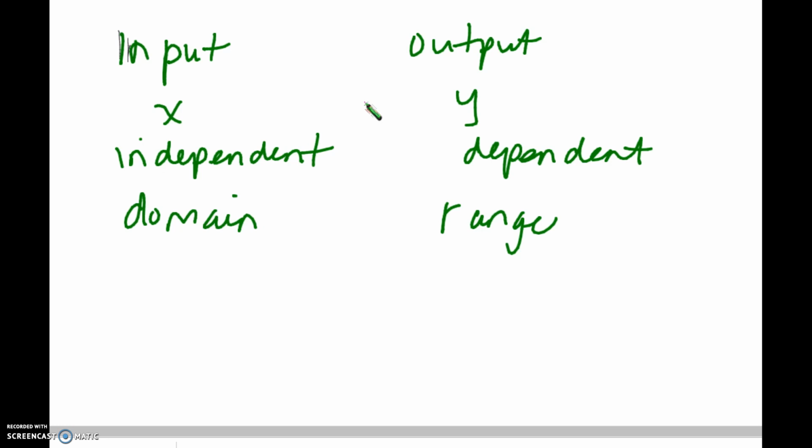All right, so let's look at another example. We'll call this part C and continue deciding whether or not the relationship represents a function or not. So let's look at this diagram.